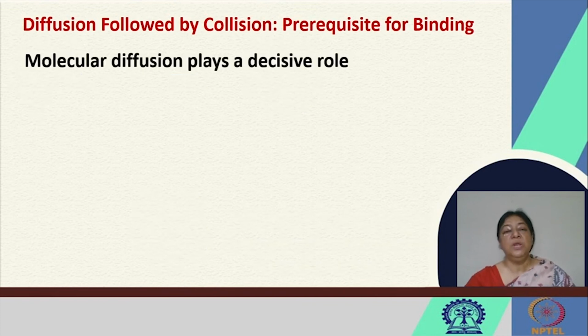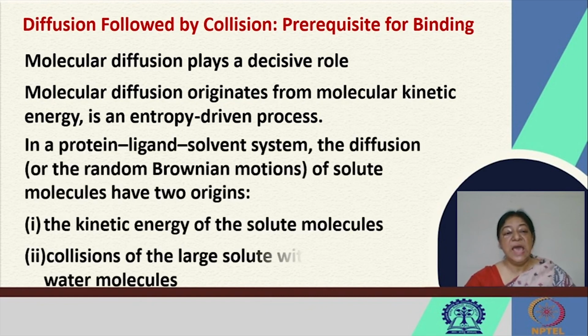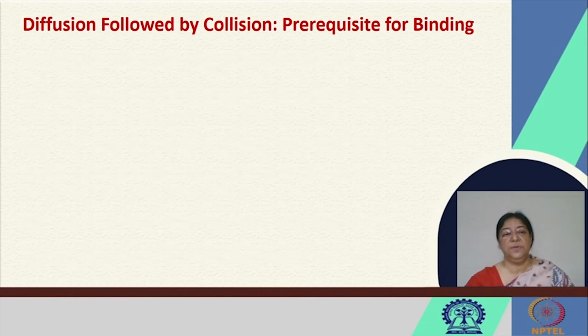So if we look at molecular diffusion in general, we have the kinetic energy, that is an entropic driven process, and in protein ligand solvent systems, which applies to enzyme substrate as well, we have the diffusion or the random Brownian motion of the solute. This could be the kinetic energy and the collisions of the molecules.